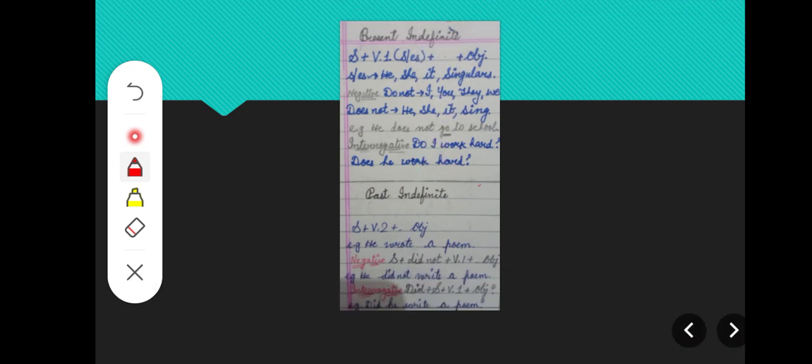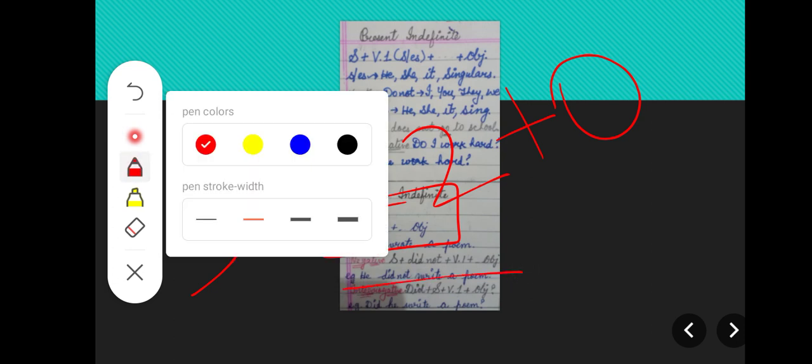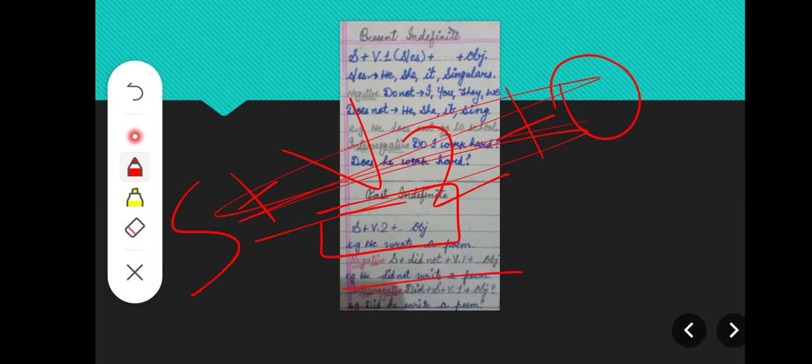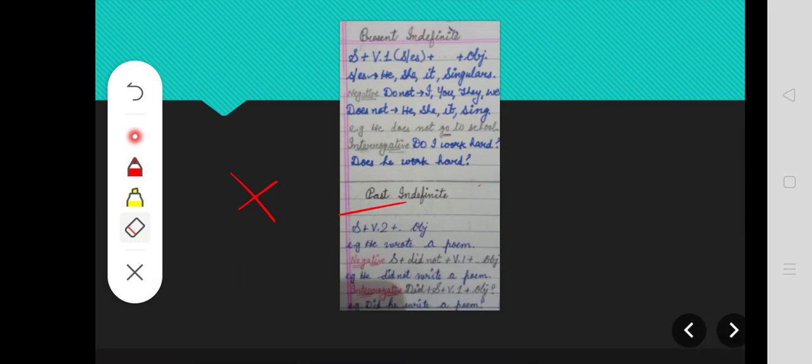It is subject plus second form of the verb plus object. For example, he wrote a poem. He wrote a poem. So this is an example of past indefinite tense.